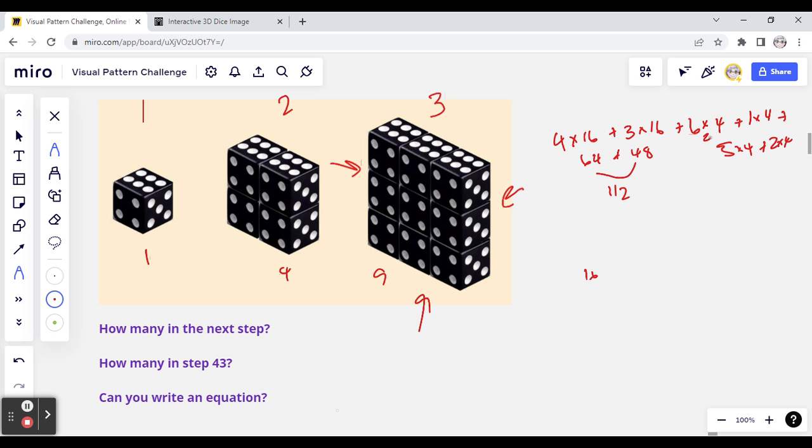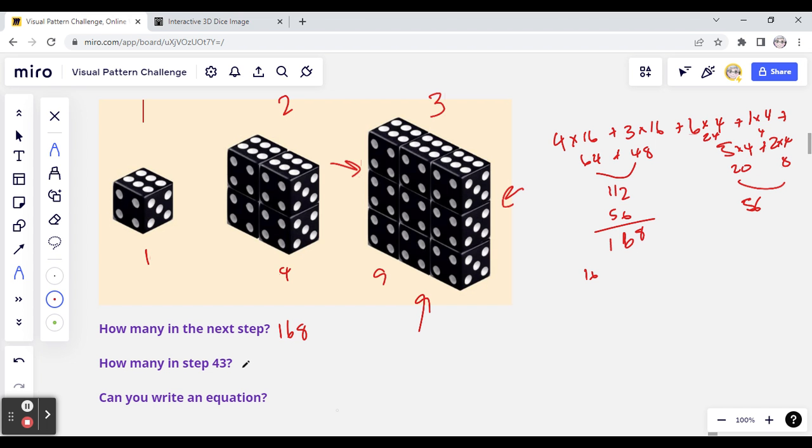So this is 24 and 4 and 20 and 8, and all of that adds up to 56. And adding that together, we get 168. So my prediction for step 4 is that all of these numbers that you can see add up to 168.